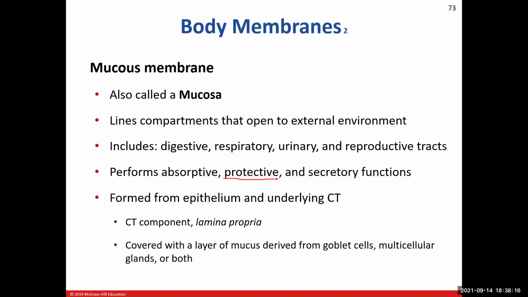We'll also see, when we talk about the secretory function, that the mucosal membrane is going to have glandular tissue in there to produce that mucin and other secretions that are going to be present in the mucous membrane. And then we'll also see how it functions in an absorptive capacity as things are moving from the external environment into the mucous membrane. So keep that in mind. And I've already talked about the mucous membrane before, but I just kind of wanted to pull it together here.